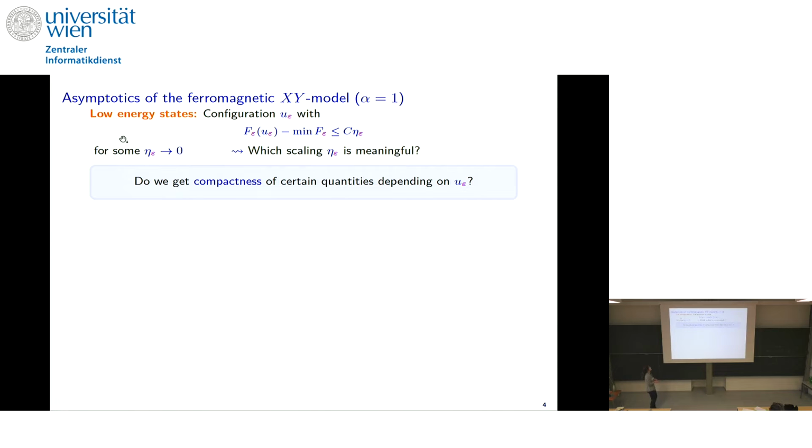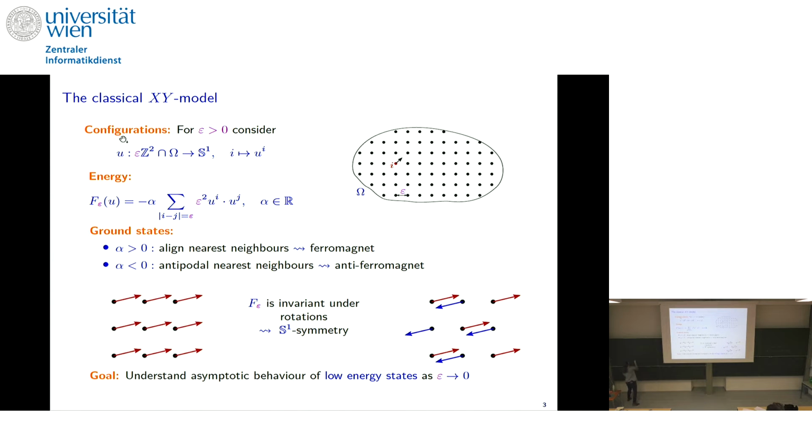Maybe let me just do it on the blackboard. What is this f epsilon u epsilon minus the minimum? Well, if alpha is equal to 1, maybe I go back to the previous slide, then this is nothing but the sum over all ij, and then I have a minus ui uj, and this will always give me a 1 for every interaction.